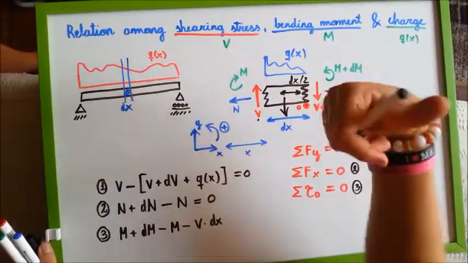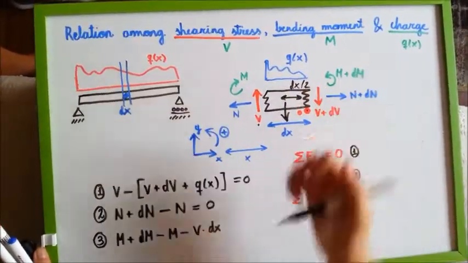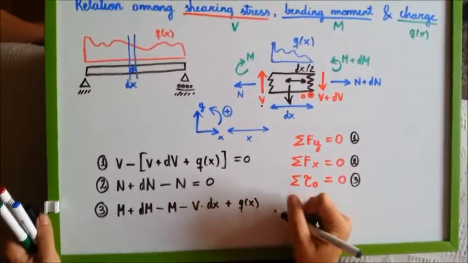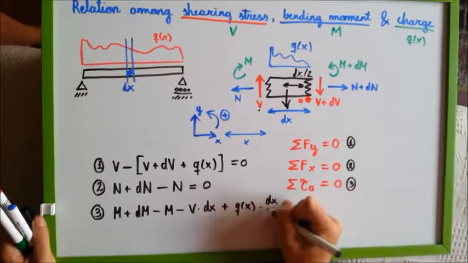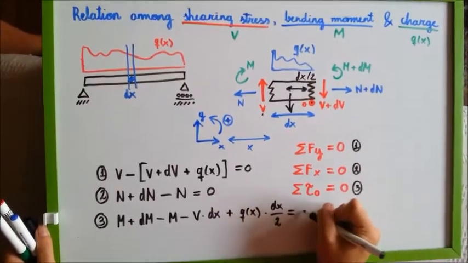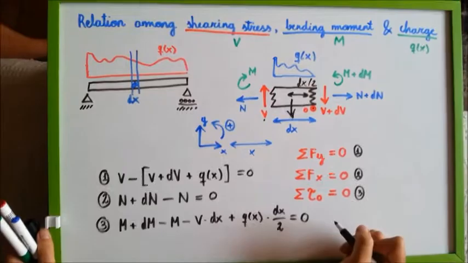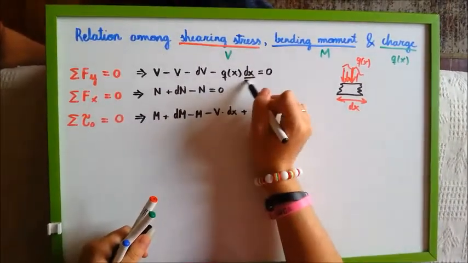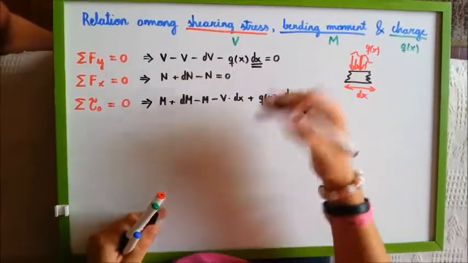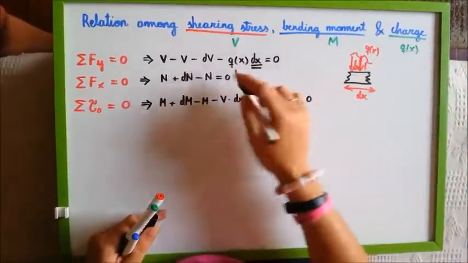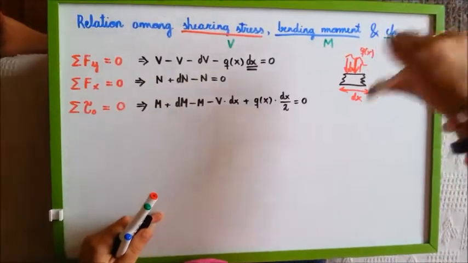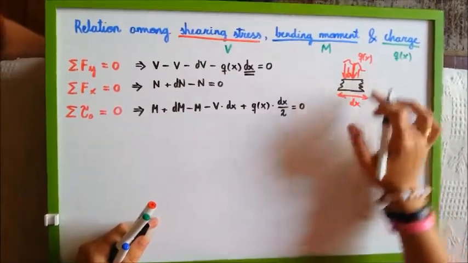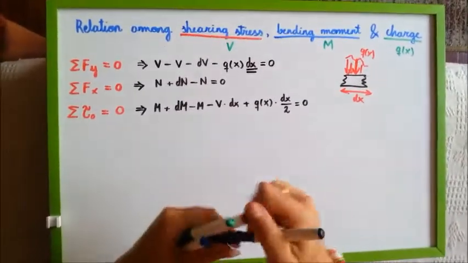From this point it makes a positive torque, so plus q of x times dx over 2, and this all equals 0. Sorry, dx was missing in the previous equation, because the total load, that is the force of the weight of this piece of beam, equals the load distribution times the distance, so sorry about that.